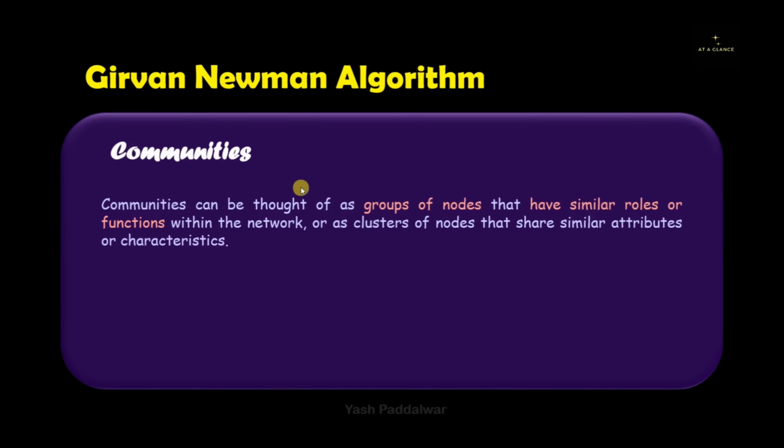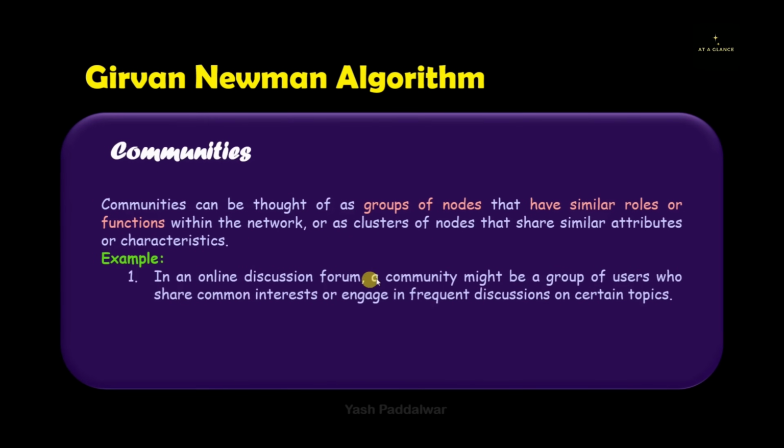This is not the only algorithm to find out the communities, but yes, this algorithm is widely used to do that. Let's have an example of communities. Let's say in an online discussion forum, for example, Quora, the users who share common interests or engage in frequent discussions might be called a community.